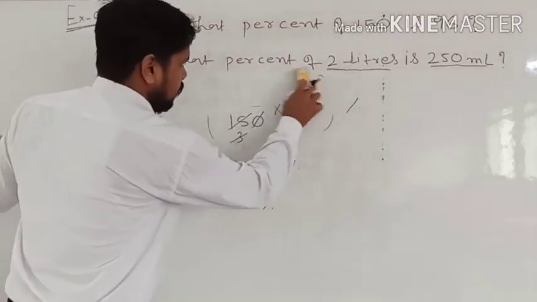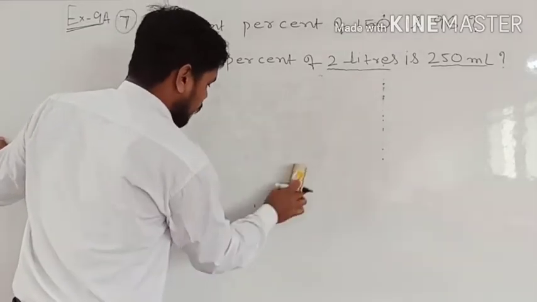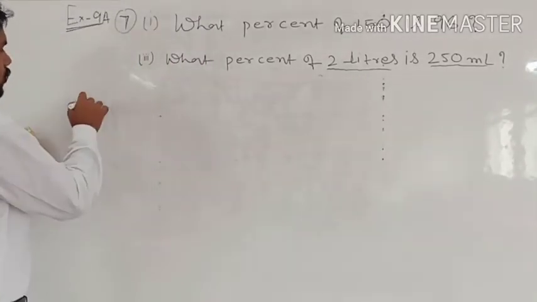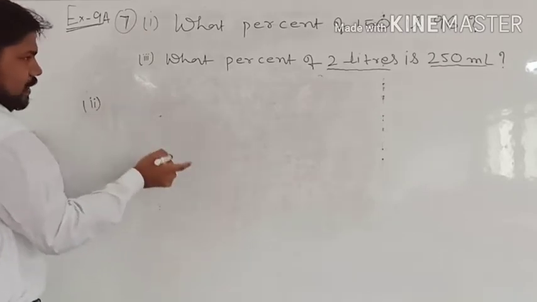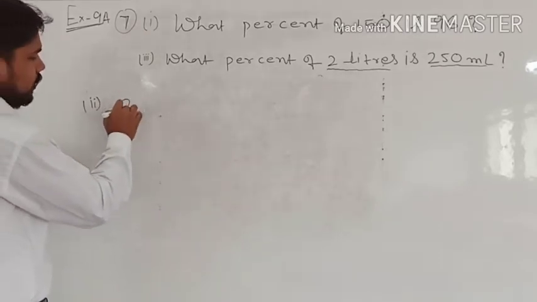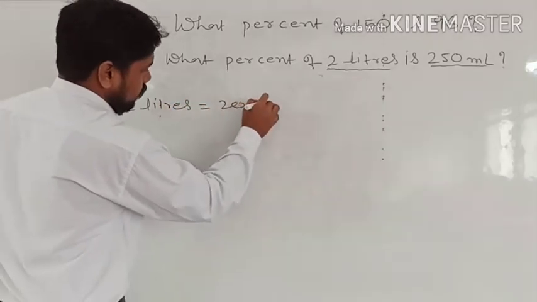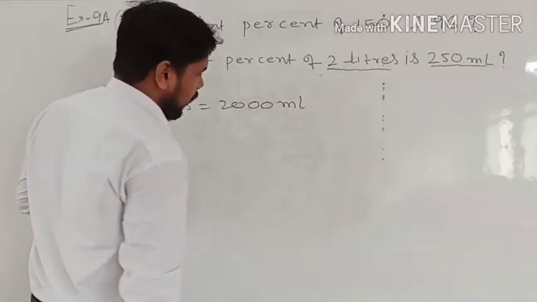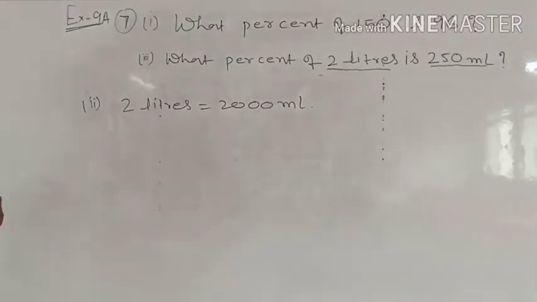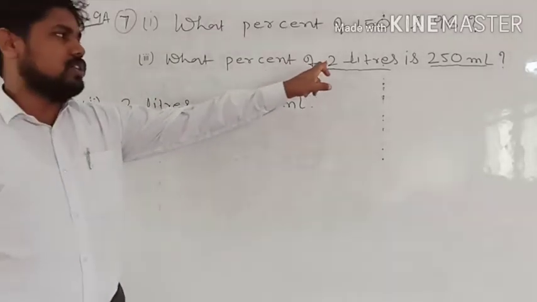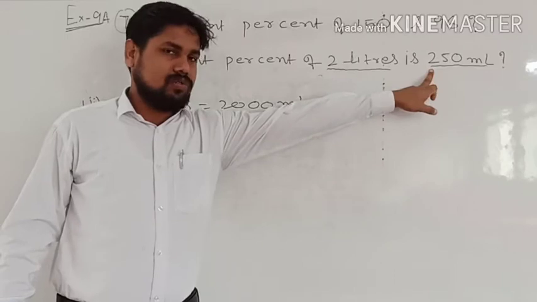Let's see. 1 liter is equal to 1000 milliliter. So 2 liters will be 2000 milliliter, right?